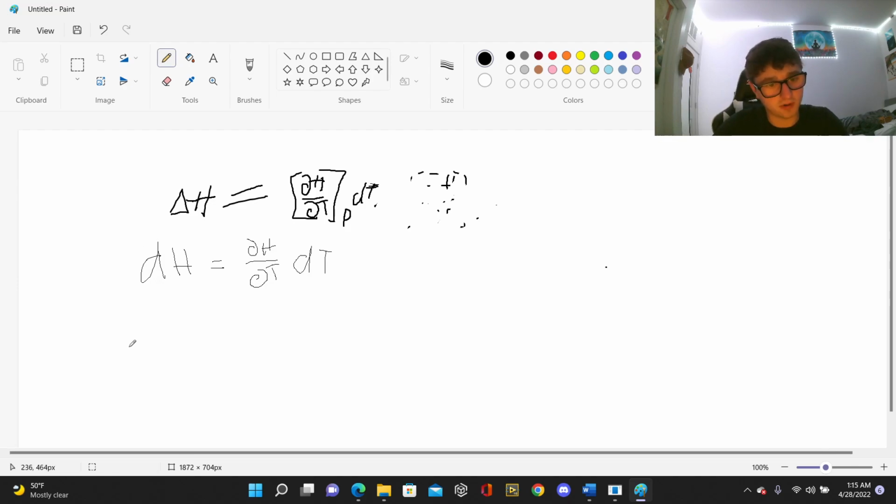When we integrate this, we simply get the integral from our initial enthalpy to our second enthalpy with respect to enthalpy, which is going to equal, now, side note, what this expression right here is, I think I can lasso this.